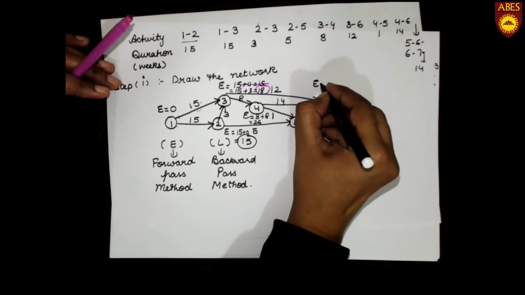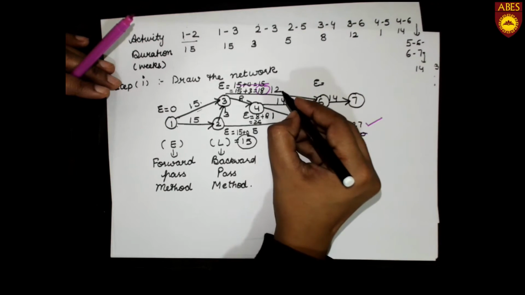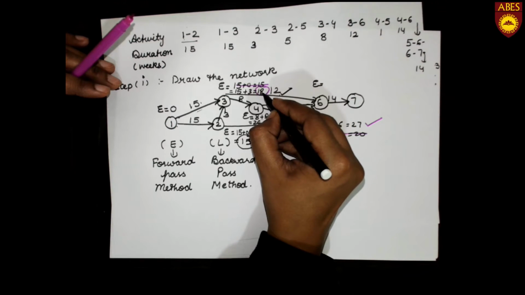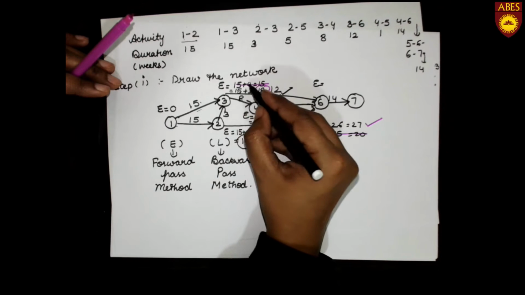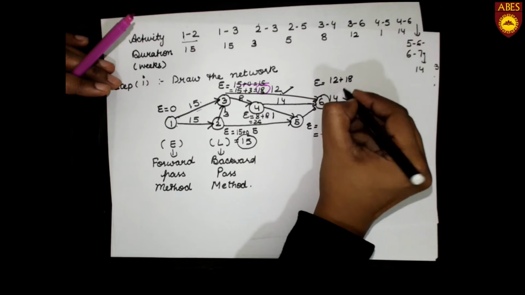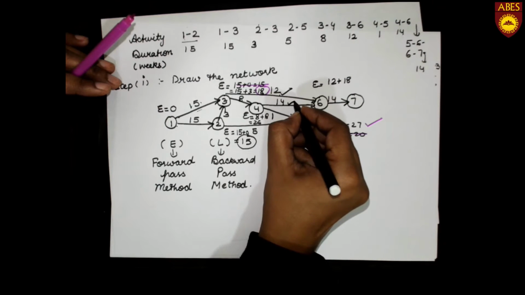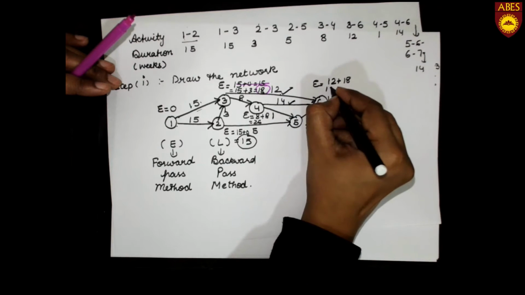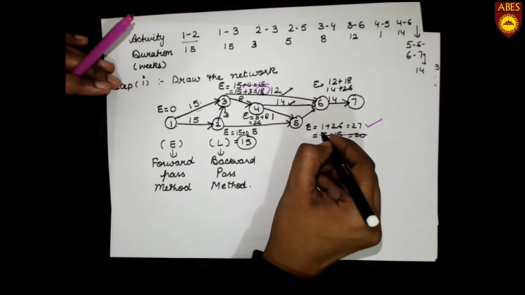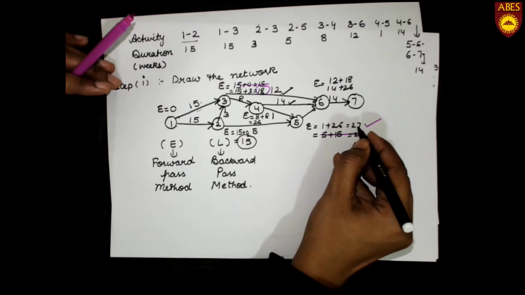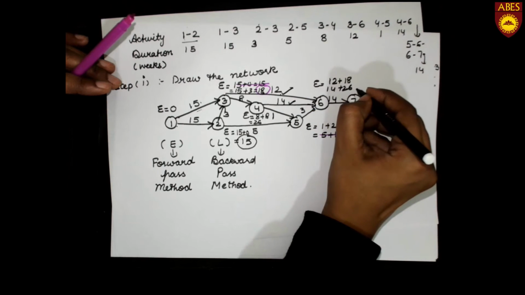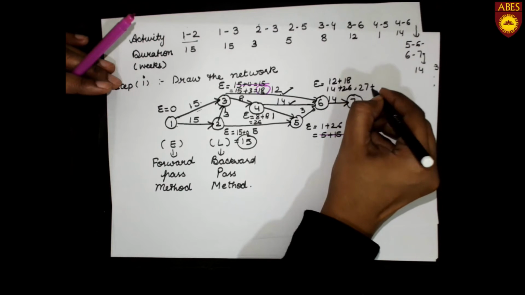Now the value of E will be either 12 plus 18, coming from 3 actually, or it will be 14 plus 26, or it will be 27 plus 3.